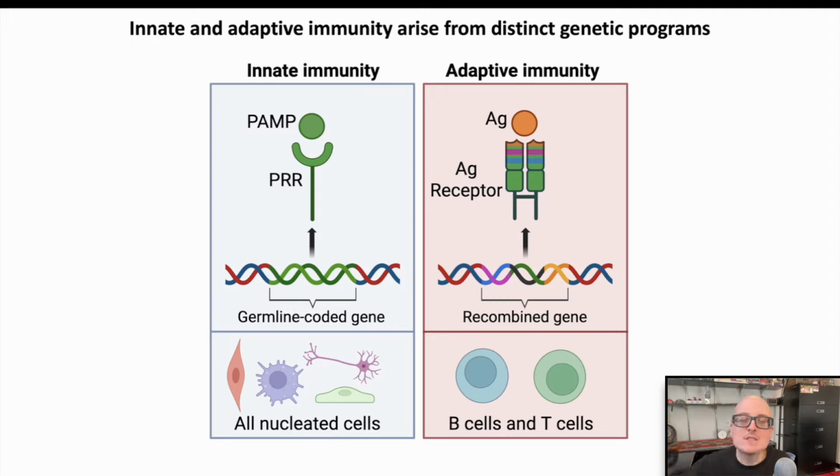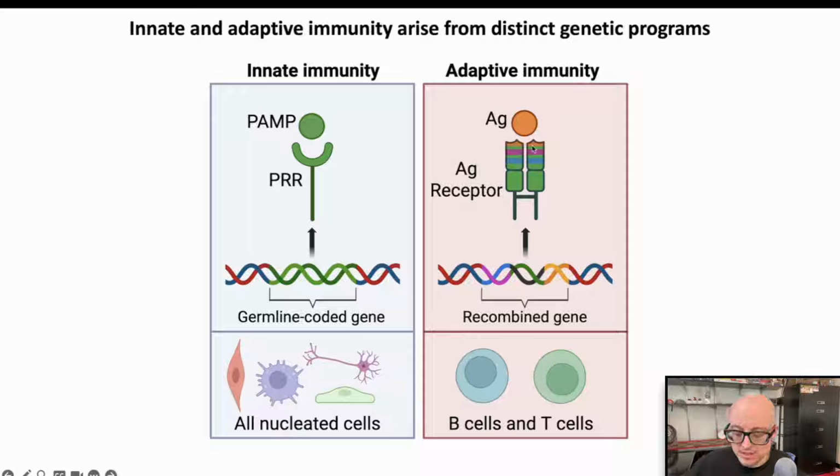So we've had to evolve a more space-efficient method, where we take small gene segments and recombine them in many, many unique different orders, and that gives us a unique combination of receptor outcomes.